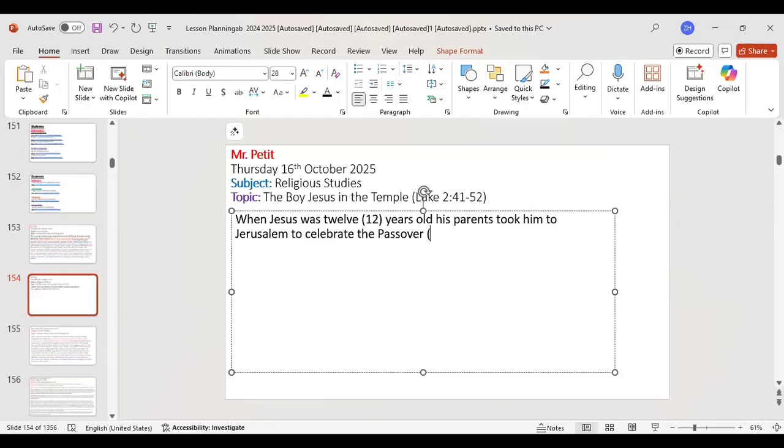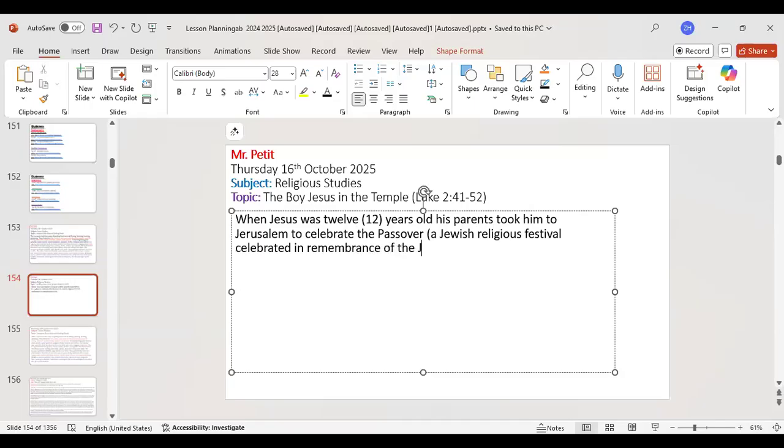Now, the Passover is a Jewish religious festival celebrated in remembrance of the Jews.